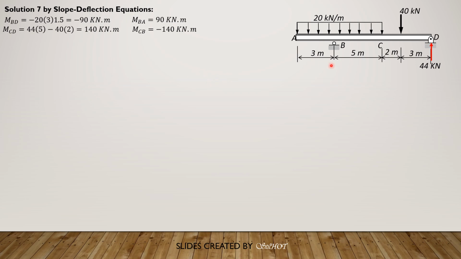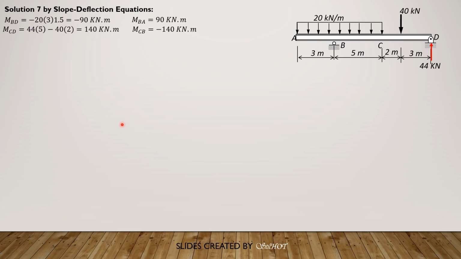If the far end is free, then moment near to far is 3EI over L times quantity theta near minus P, or slope of the chord, then minus fixed moment at the left, which is negative, minus 1/2 fixed moment far.